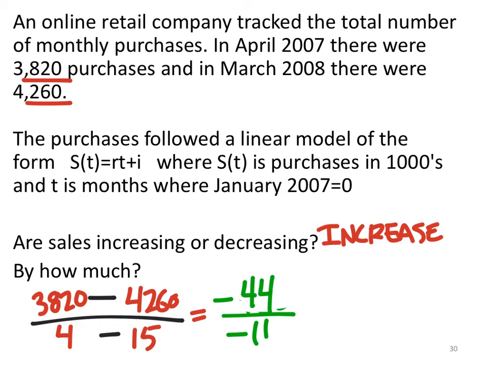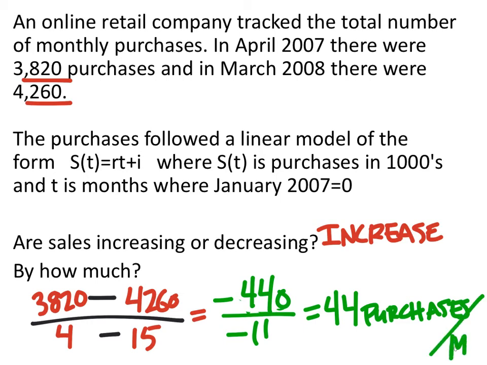Negative 440, because now when we divide, we simply get 44. Now, this is answering how much, by the way. Well, that's purchases, so we'll write that in. Purchases per month. All right, so it's increasing by 44 purchases per month. And that answers that question.